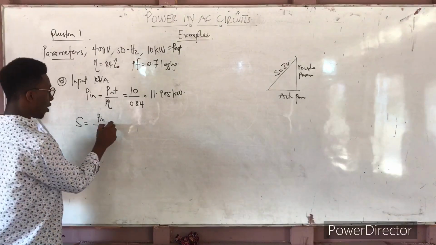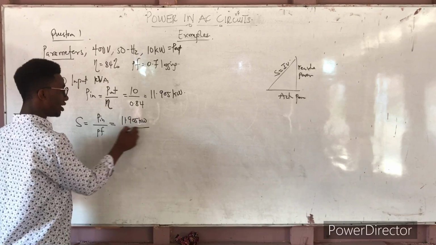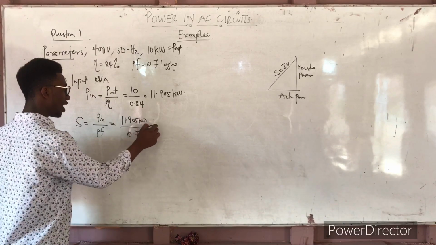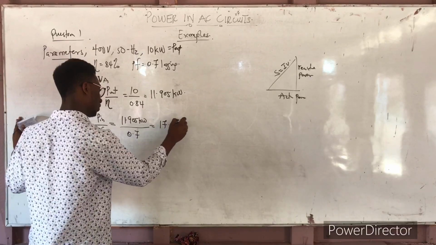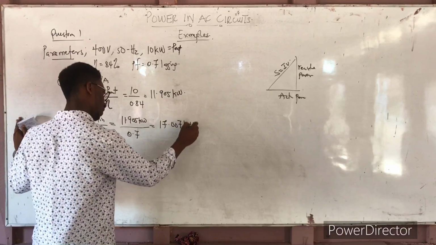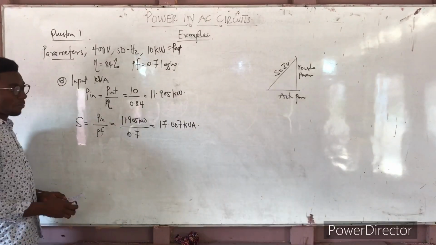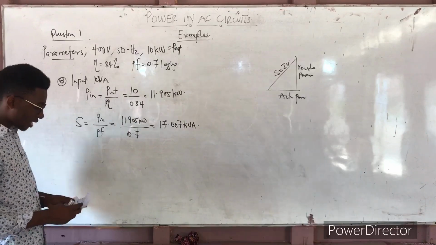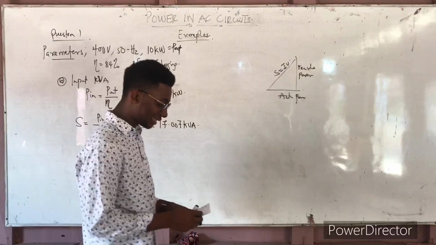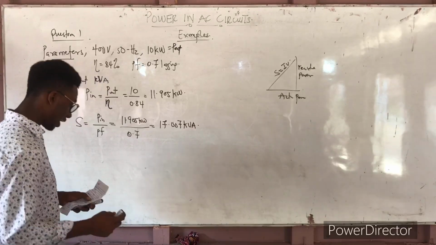So with the power in, we have 11.905 kilowatt divided by 0.7, and when you do this, you get 17.007 kVA, kilovolt ampere.